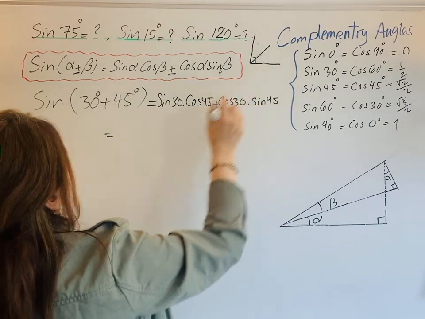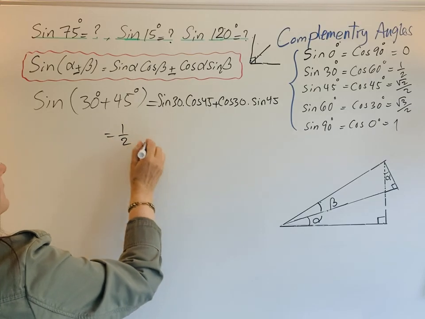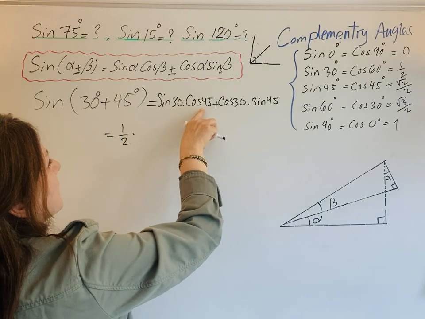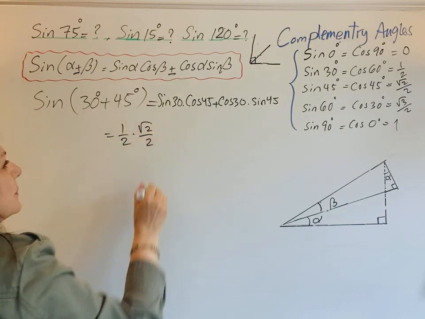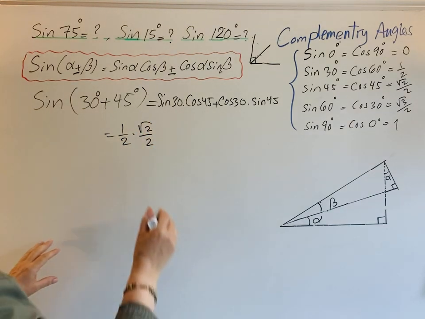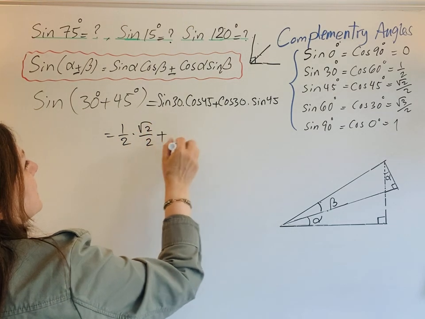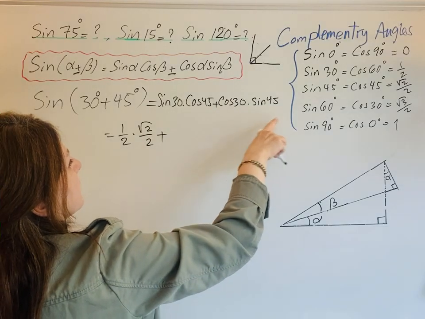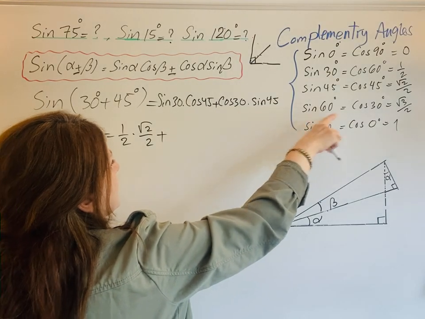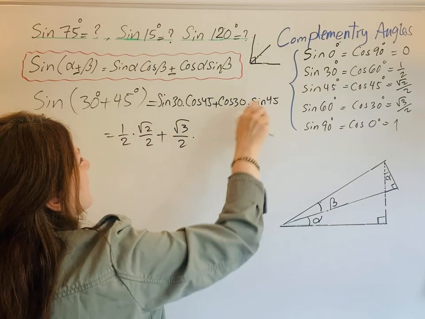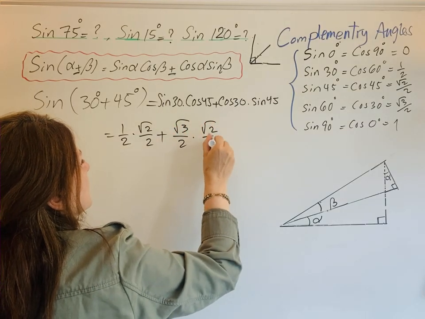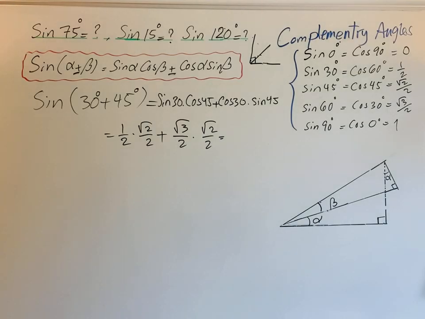Sine of 30 we know. Sine of 30 is half, times cosine of 45, and cosine of 45 is root 2 over 2. So far we know that. Plus cosine of 30, and cosine of 30 and sine of 60 are equal. You know that. Times sine of 45, which is root 2 over 2. Simplify.